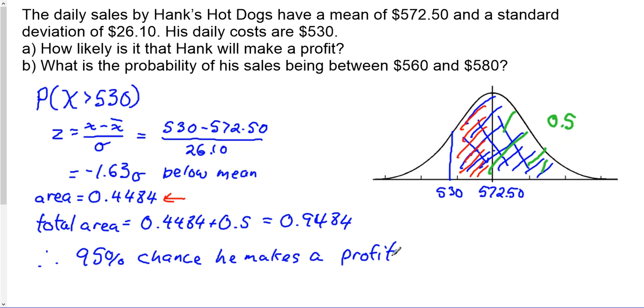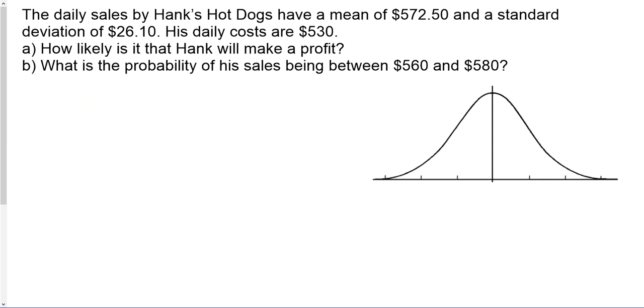Okay, so let's look at a similar type of normal distribution question, just slightly more complicated. Part B here, what is the probability of the sales being between $560 and $580? Let's move on to another page to do this one. So we want the probability that they're between 560 and 580. Let's just label our diagram first.